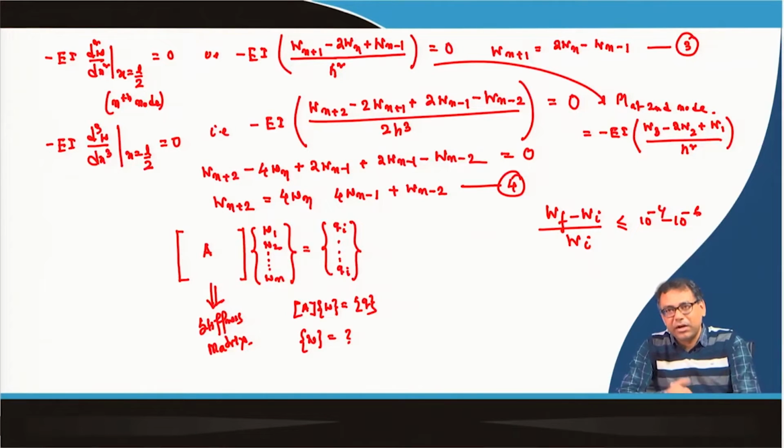You need 4 boundary conditions. If it is a semi-infinite beam, you can apply 2 boundary conditions at the end condition, and if it is infinite, then at infinity your deformation will be 0. Okay.